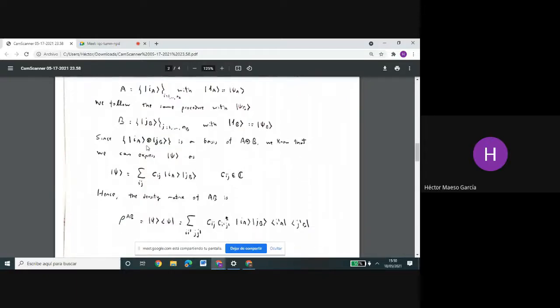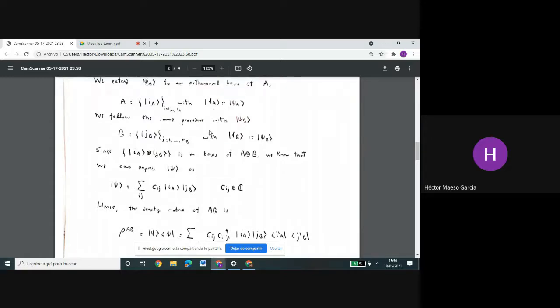And since the product of bases is a basis of the tensor product, we know that we will be able to express psi as a linear combination of elements of this basis. And what we will prove is that this linear combination, in fact, only contains one element, that is 1A, 1B, that is CA, CB. And so we will see that the rest of the elements are 0, and C11 is the only non-zero element.